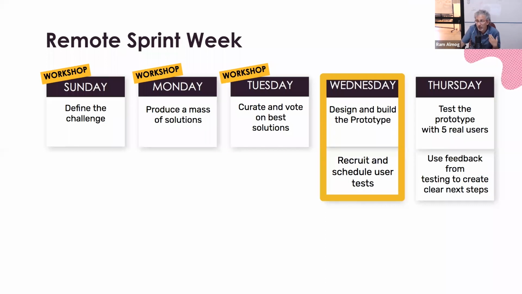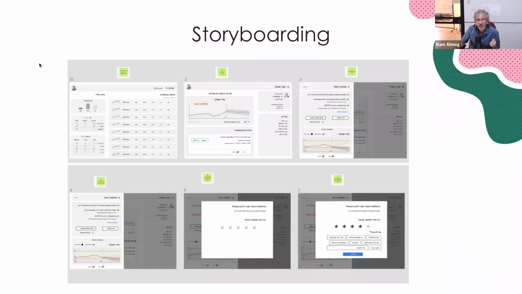With Sheba, we had a checkpoint just to make sure the data and the information we're putting on screen is right. So it starts with storyboarding, and here these are original screenshots from our storyboard.